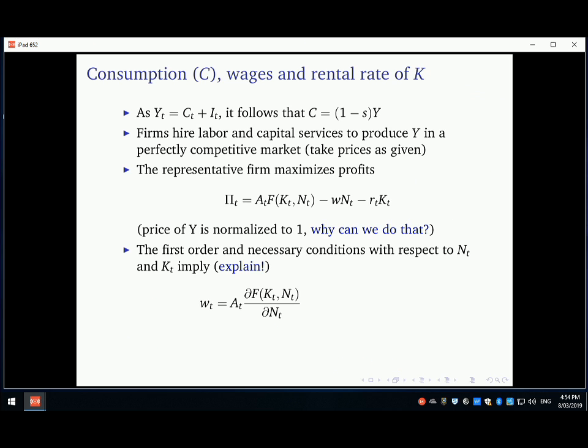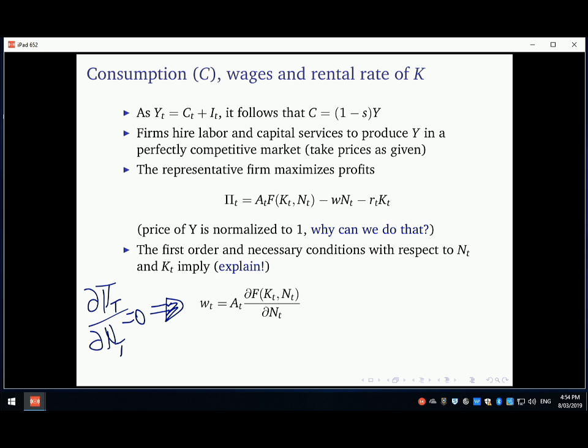Once you maximize, when you take the partial derivative with respect to N_t and equalize that to 0, you obtain that equation out there. What is that saying?